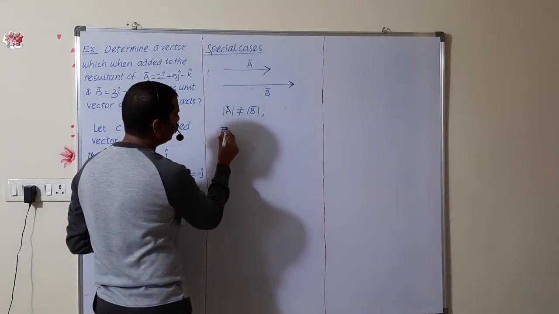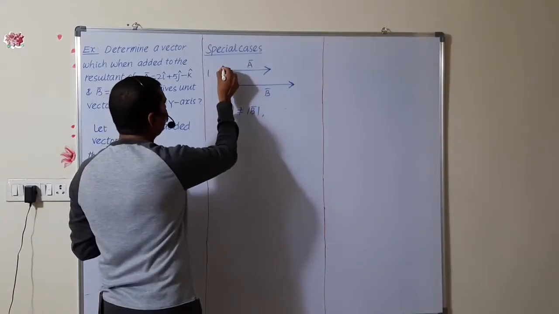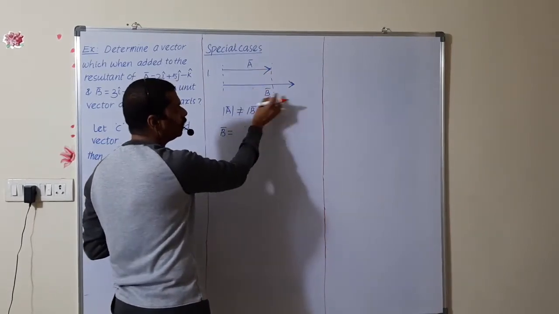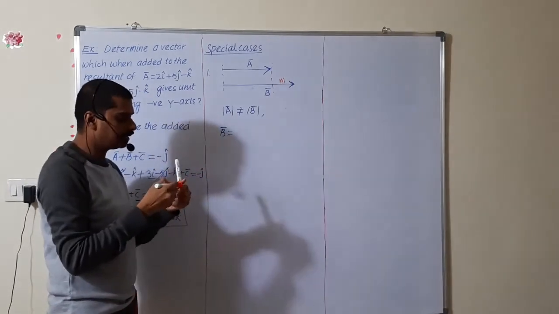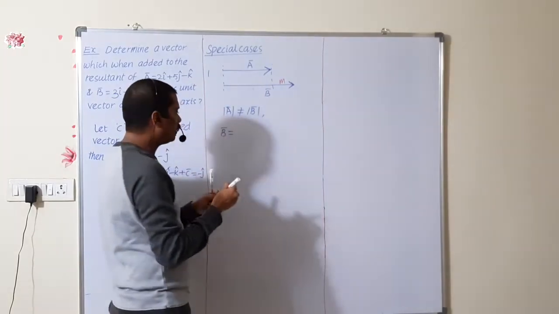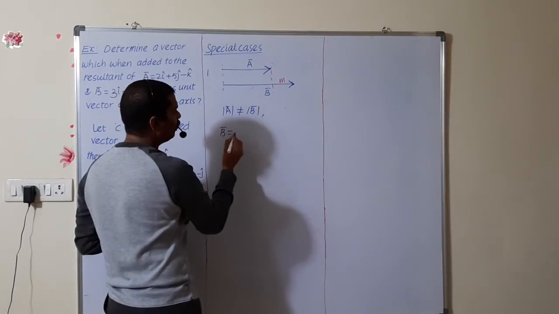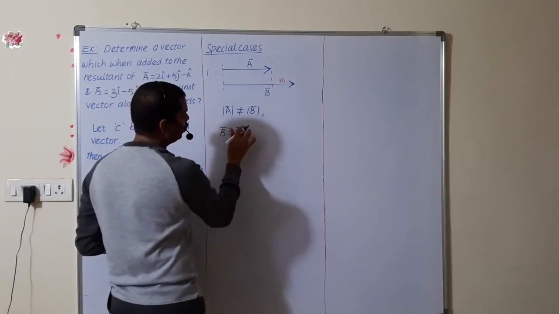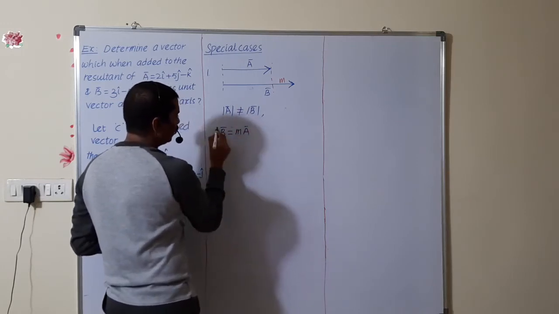How many times is it bigger? With simple logic, up to here A and B are equal, and this part I am writing as m. B is m times greater than A. I want to make these two vectors parallel, so I should use this formula: the bigger vector B is m times, a number, multiplied with vector A.